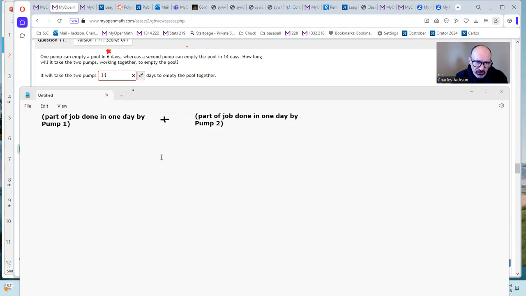Part of the job done in 1 day by pump one plus the part of the job done in 1 day by pump two equals the part of the job done in 1 day by their working together.